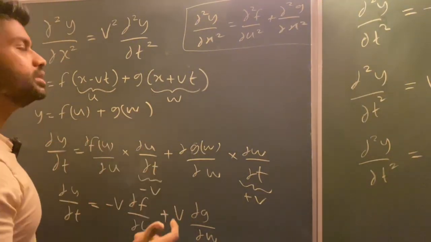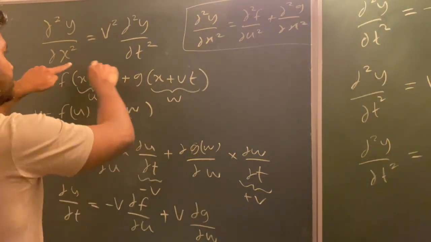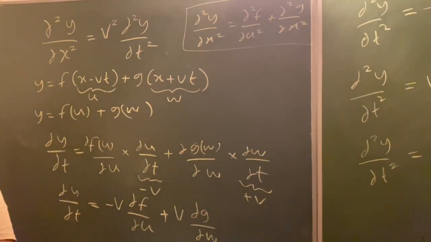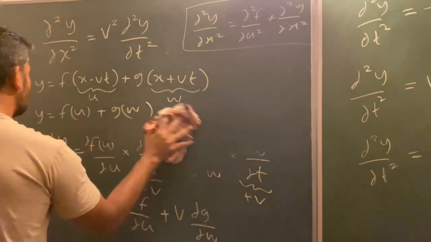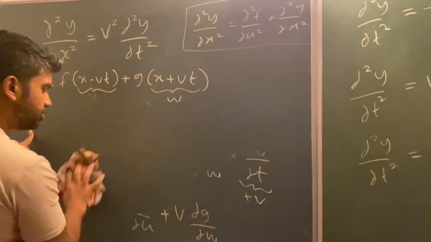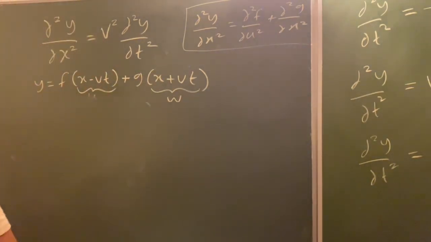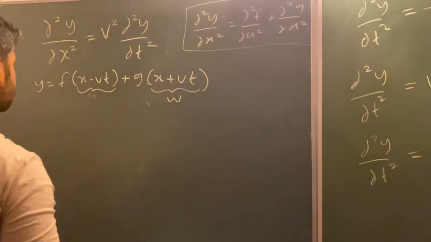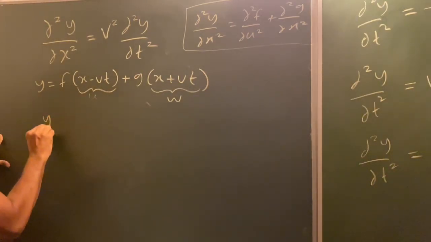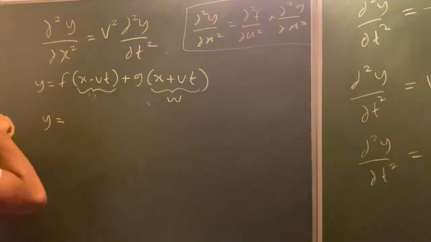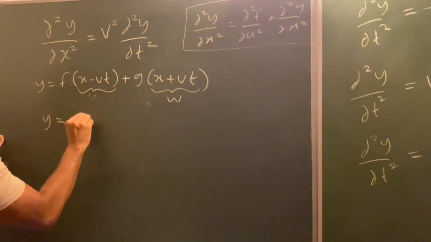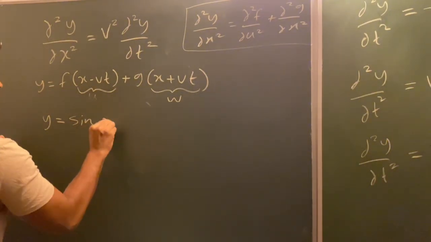So no matter what the wave is, if you can write something like this, for example, let me write a few of these relevant solutions. So you can have a few solutions like this. Number one, you can say y equals, how about this one, sin(x minus vt).